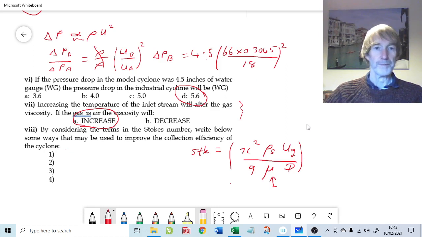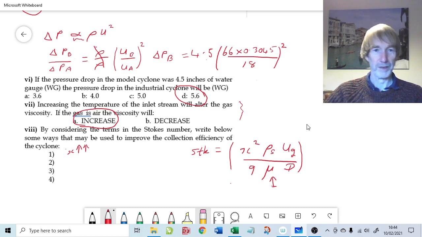Well, by considering the terms in the Stokes number, what else can we do? Well, the obvious one is increase the particle size. If you can increase the particle size, that will have a massive effect on the Stokes number and collection efficiency, because of course Stokes number is proportional to x squared. If we can increase the density, that's difficult, because a material is a material and you can't normally increase the density.